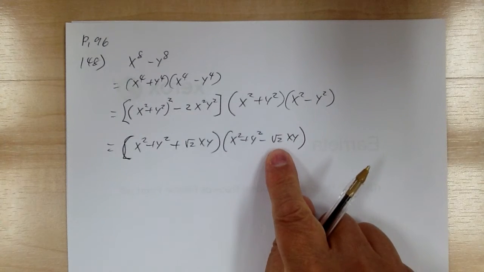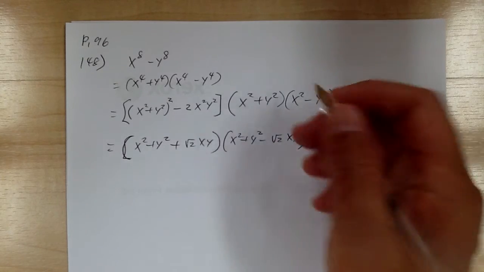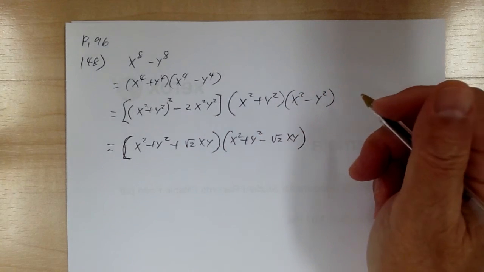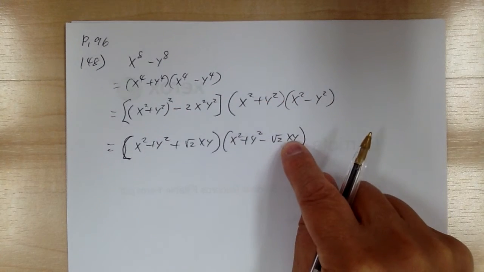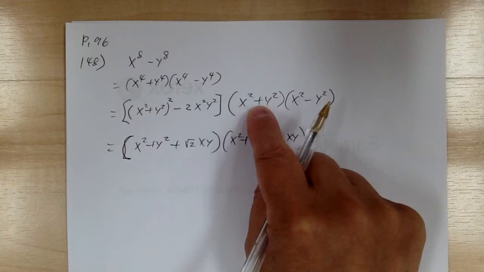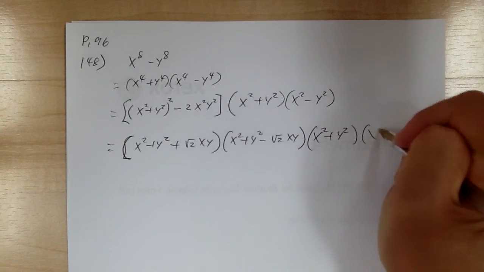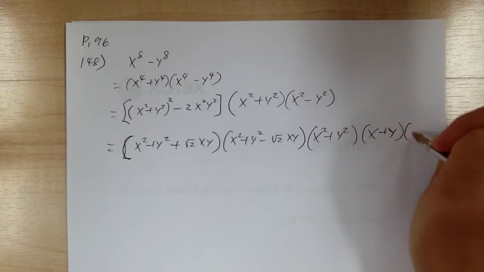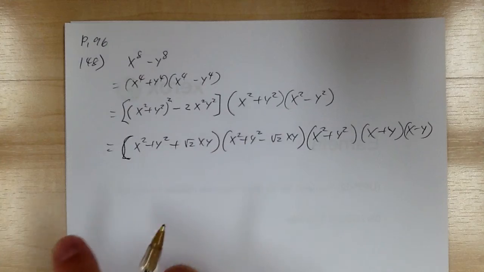Again, this is a real number, even though it's not an integer, but they give you the hint that it's okay. They want you to do this. But you cannot do this with the other one, because you would end up with the square root of x and the square root of y. Over here you can have x plus y and x minus y. So those are your 5 factors: 1, 2, 3, 4, 5.